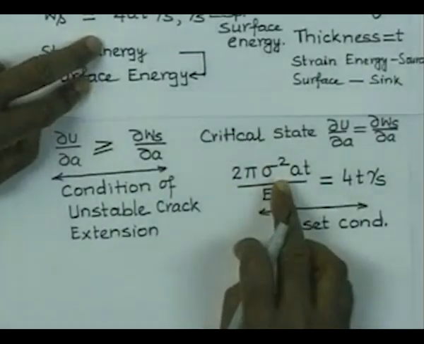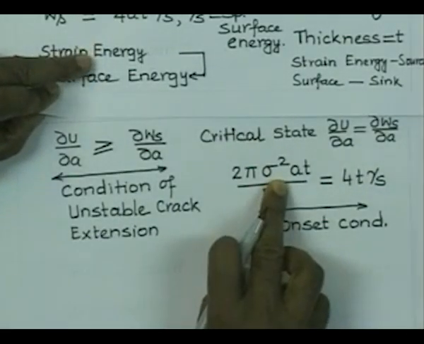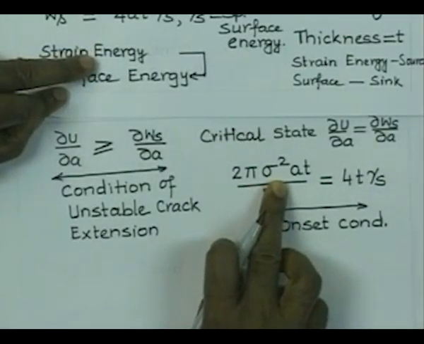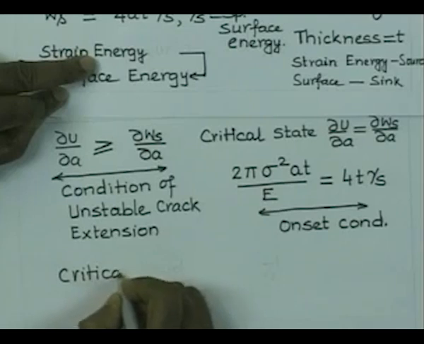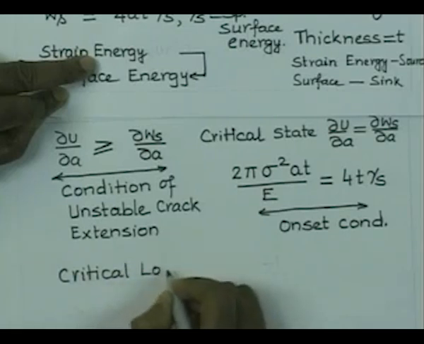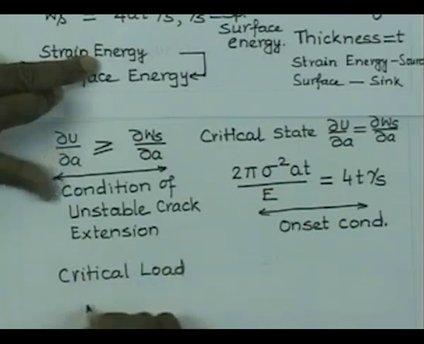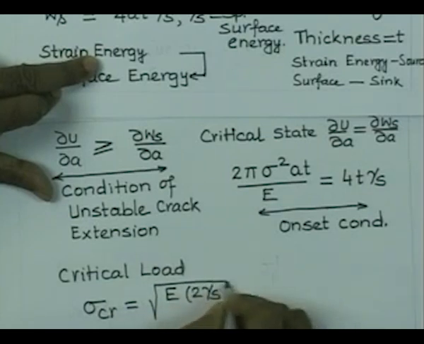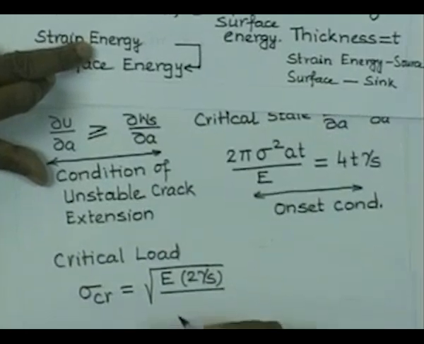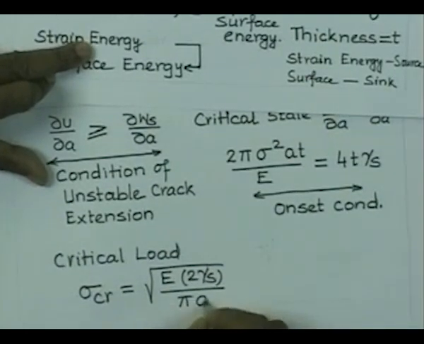and therefore, it gives you the loading which will trigger the extension. Therefore, this critical load, sigma critical, is given by the square root of E into 2 gamma s by pi into a.